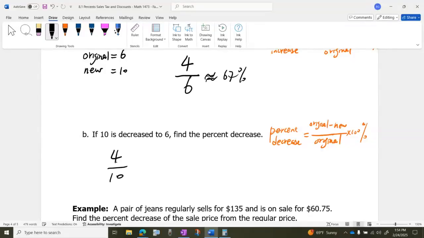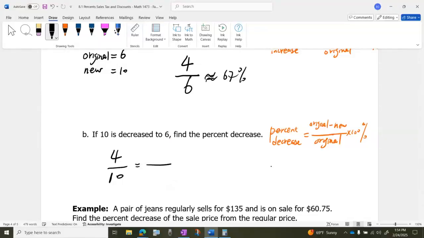And then use 4 to divide by the original, knowing this time the original is not 6. The original is 10. Very, very important. When you need to find the percent increase or percent decrease, always divide the change by the original. So here the change is 4, gone down 4, and divide by the original.